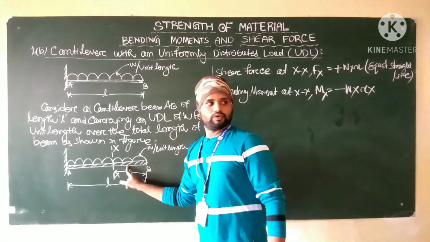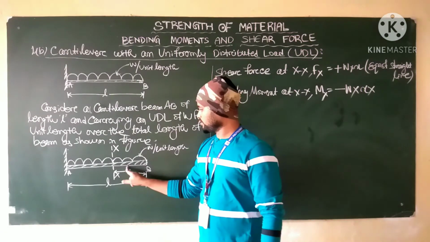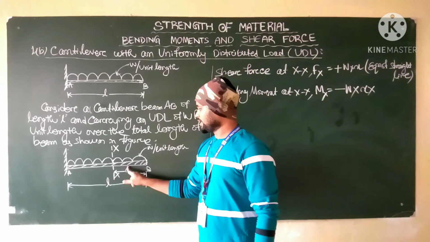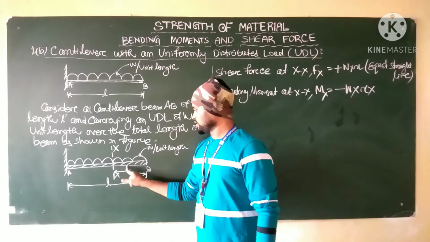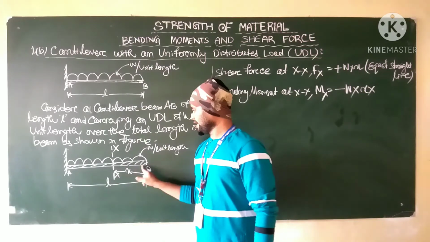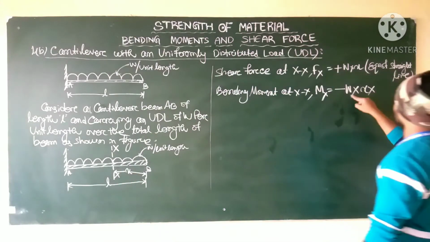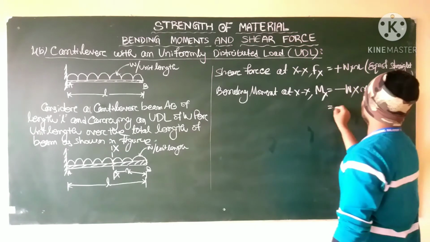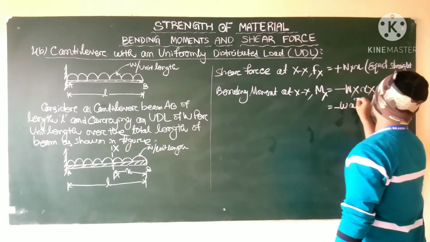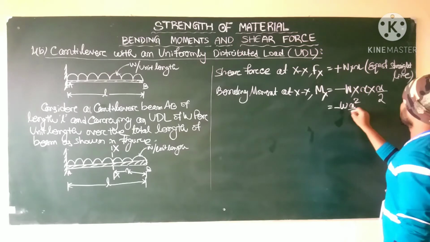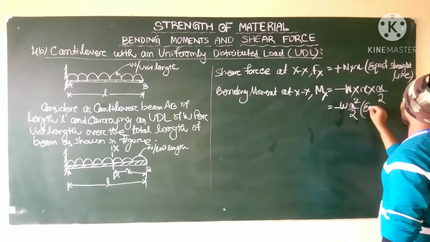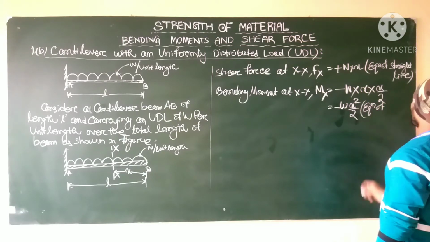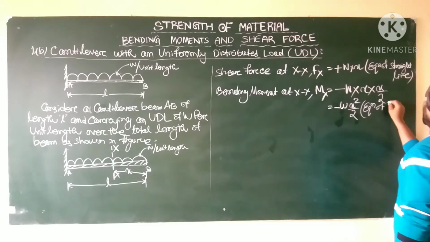Always remember, you can assume the UDL is applied at its center, and the center is at x by 2. So W into x by 2, or equal to minus W x square divided by 2, which is the equation of a parabola.